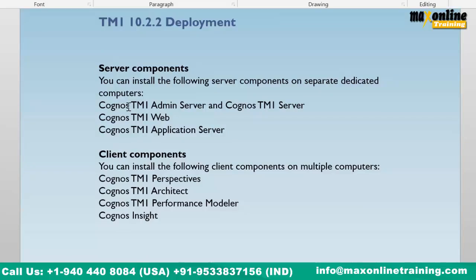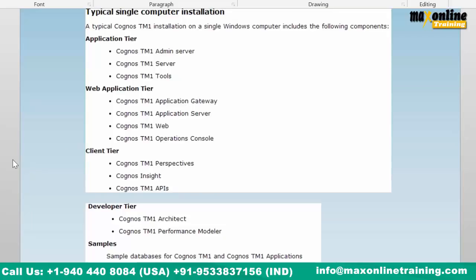Differentiation is given over here. What will be installed on server, what will be installed on client, and you can take advantage from this slide. What is typically installed in the application tier, web application tier, client tier, and all the classification is given here, and the development tier and samples and all which is given over here.